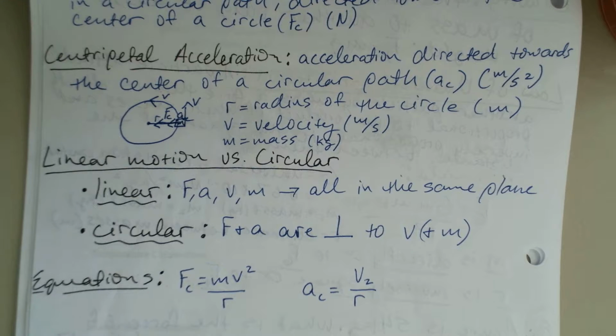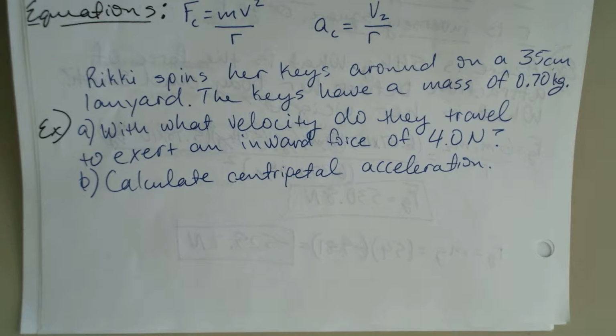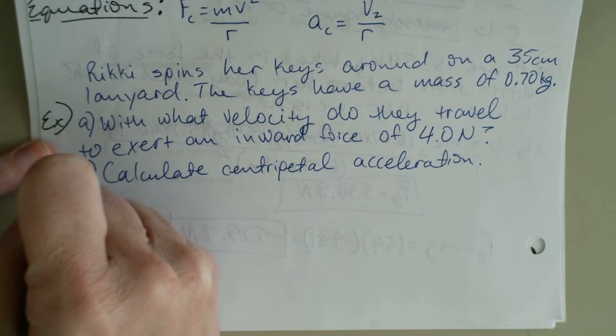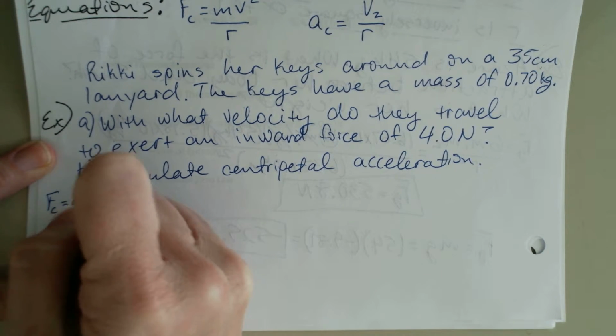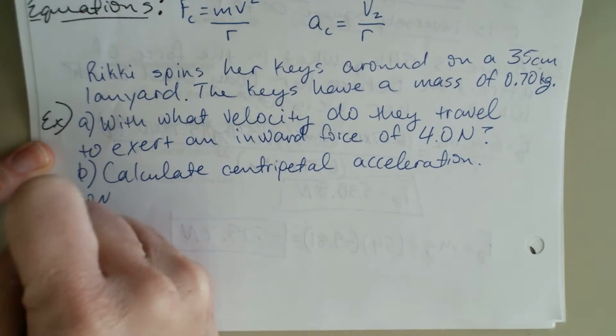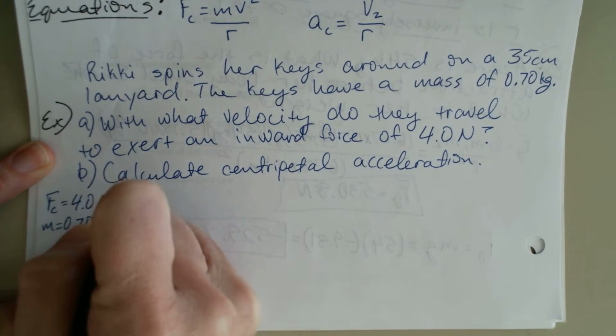Okay, so example question. Ricky spins her keys around on a 35 centimeter lanyard. The keys have a mass of 0.7 kilograms. I want to know the velocity that they travel to exert an inward force of 4 newtons. So that inward force of 4 newtons, that's my centripetal force, right? So my Fc is 4.0 newtons. I have the mass of the keys, that's 0.70 kilograms.